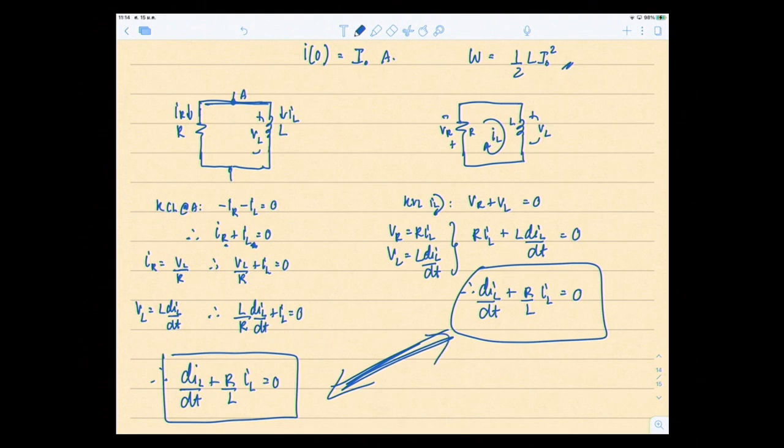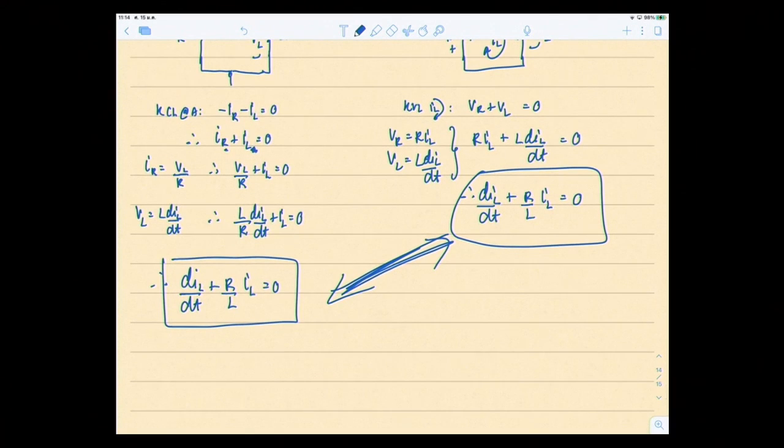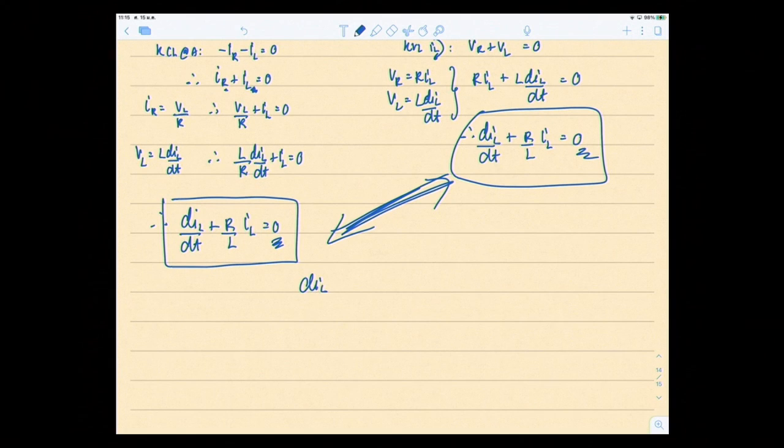So you have your first order homogeneous differential equation, where the right side is equal to 0. We're going to solve this with separable variables, the same as what you did for RC source-free.